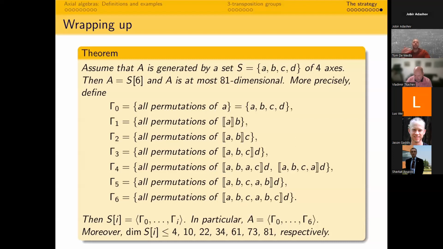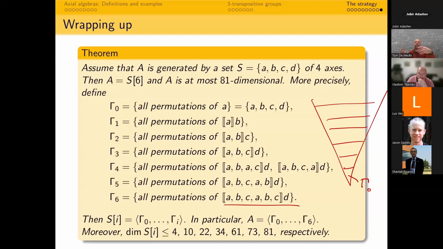Again, you gradually build up the different levels. And this time you really have to go up. It's the same picture as before: you have this picture with different levels, and they become increasingly more difficult. The 0 level is this one, and that would become a 0 with just these 4 elements. Then you go higher and higher, and when you get to level 6, then because of the previous result, you cannot go higher up in level, and you know that you've wrapped up.